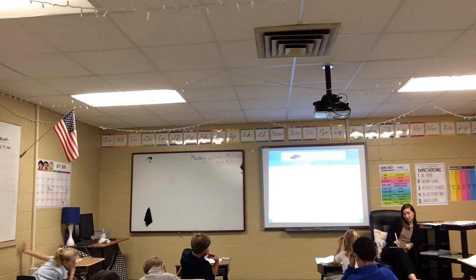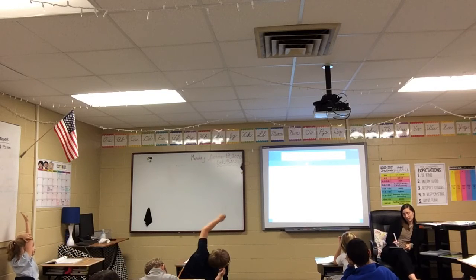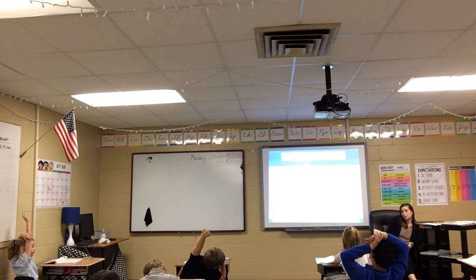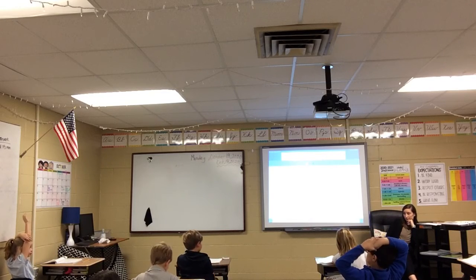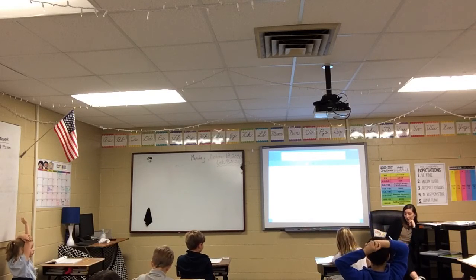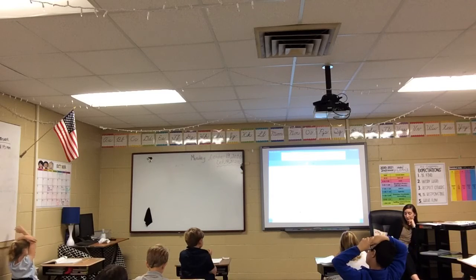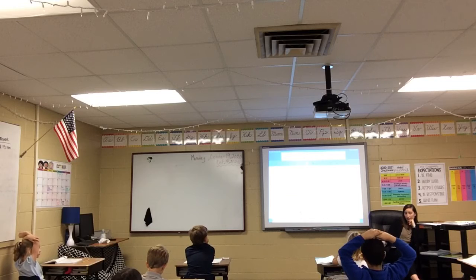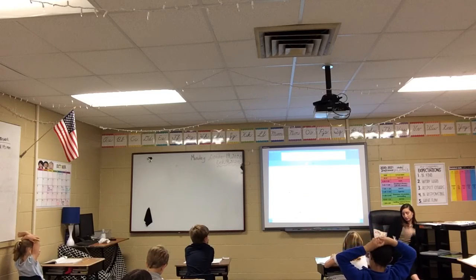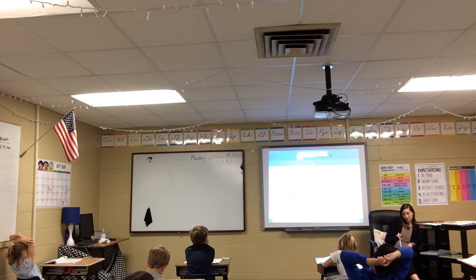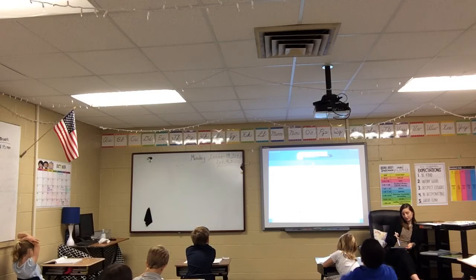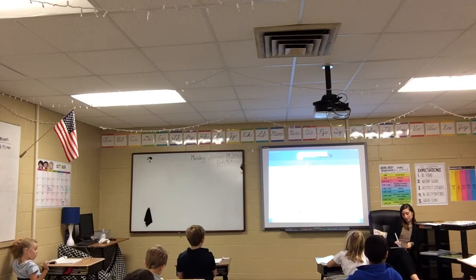You can. What else could you do? They said it's between 16 and 19. What else could you do, Chandler? Okay, by what? So he said go from 16 to 19 by 2s. So we have 16.